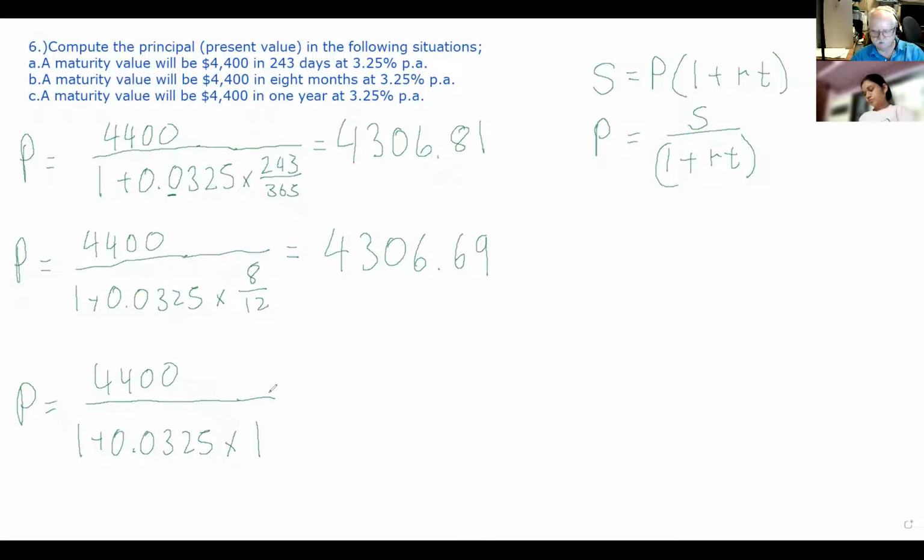So I've got 3.25% plus 1, still 1 over x times 4400. And I got 4261.50.